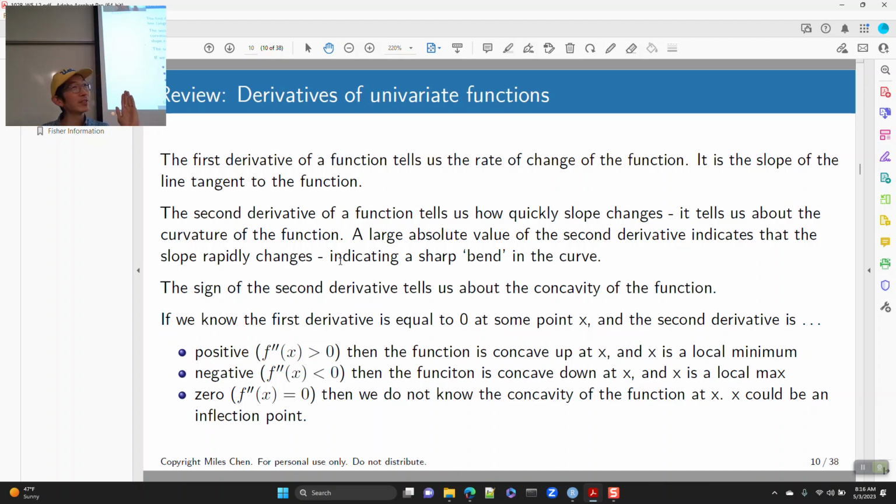A negative one means you go from positive slope to negative slope, so you get this hill type of shape. A zero second derivative means you either don't know the concavity or it's an inflection point or something like that.